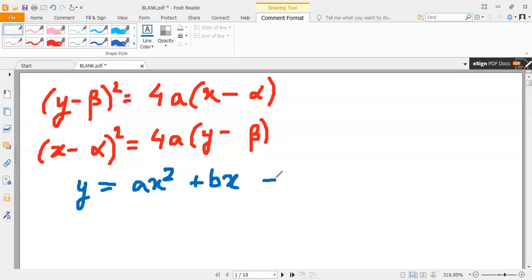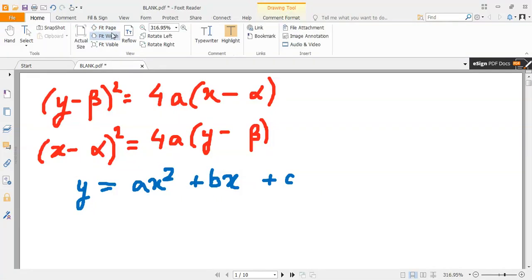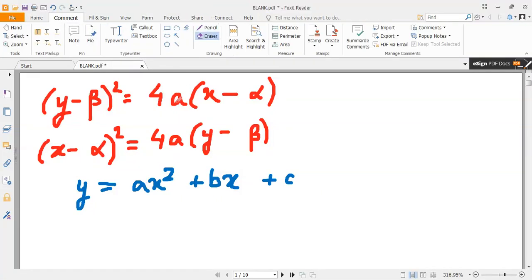This is the most general form of a quadratic equation. This a and this a have nothing in common, so let me put some other letter here. Let me put 4g, so that this a and this a are not confused.